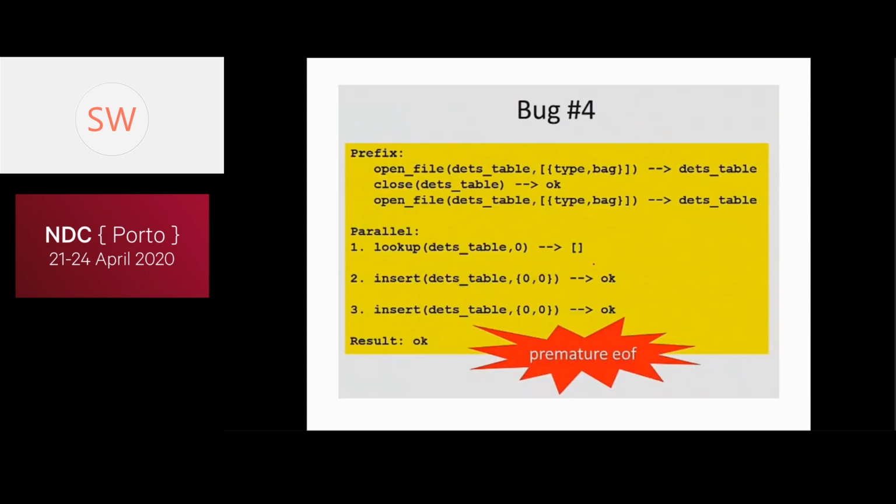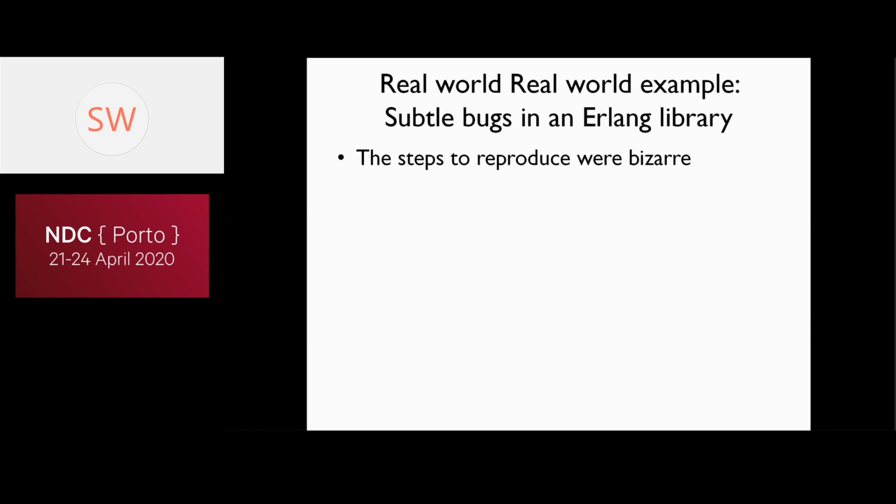This is actually a slide from his presentation. You open a file, close a file, open a file, and there are 3 different clients: one client does a lookup, another client does an insert, and the third client also does an insert at the same time. And if this happens, the database file gets corrupted. Okay. Now, what's interesting is we had these bizarre steps.